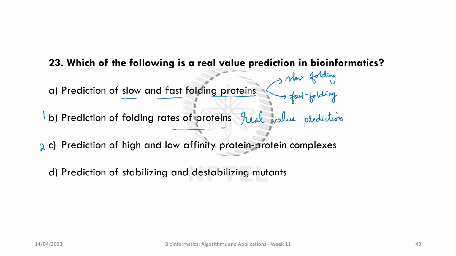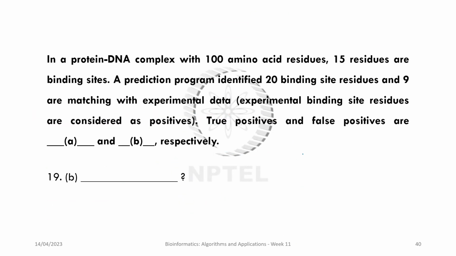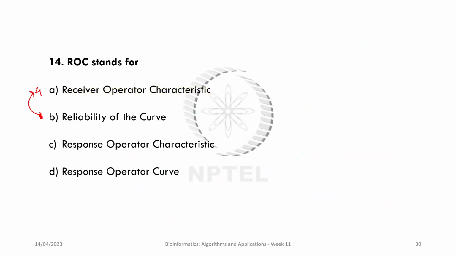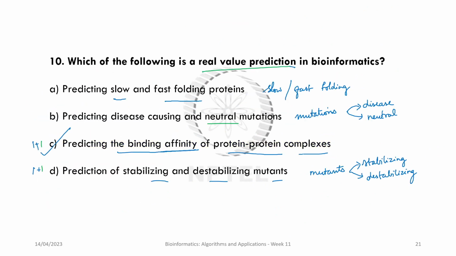When you see C, prediction of high and low affinity. Although affinity of protein complexes was the answer previous time, maybe I can show you the option. So see here you're not talking about high and low affinity complexes.